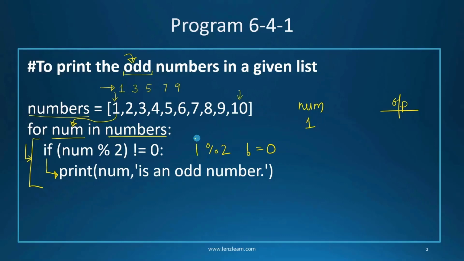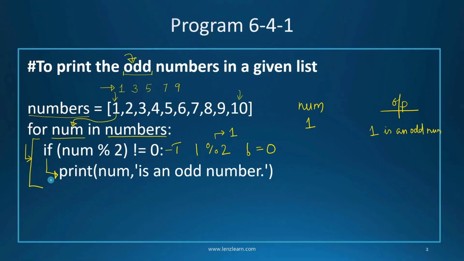Okay, so here you can see 1 modulo 2 will give the remainder as 1. And you can see 1 is not equal to 0, so this evaluates to true. So now it will print the value of num, that is 1, is an odd number.